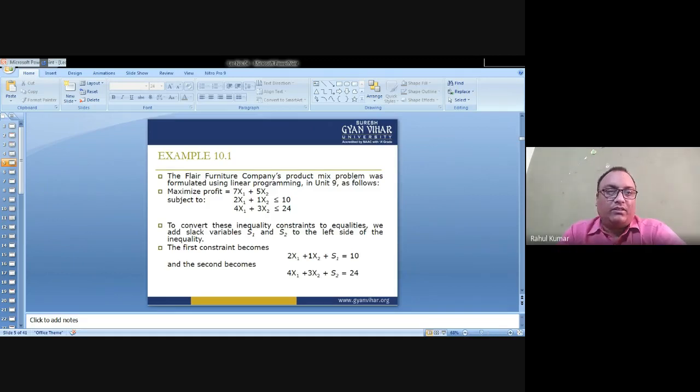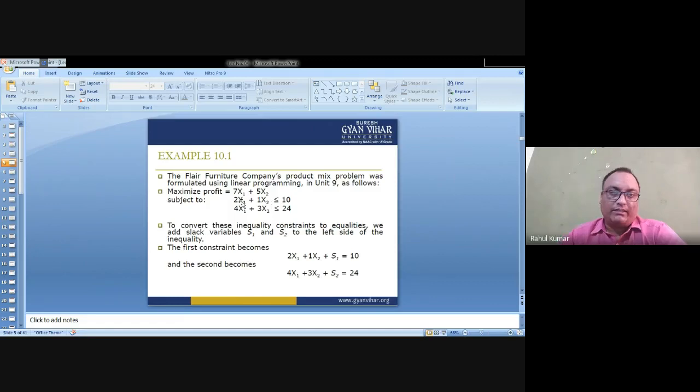To convert these inequality constraints to equalities, we add two slack variables, S1 and S2, to the left side of the inequalities.